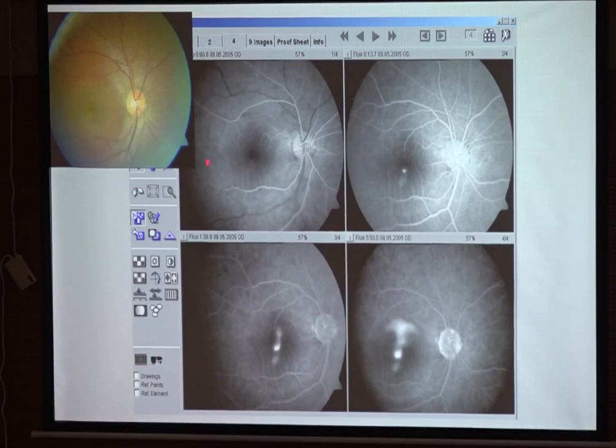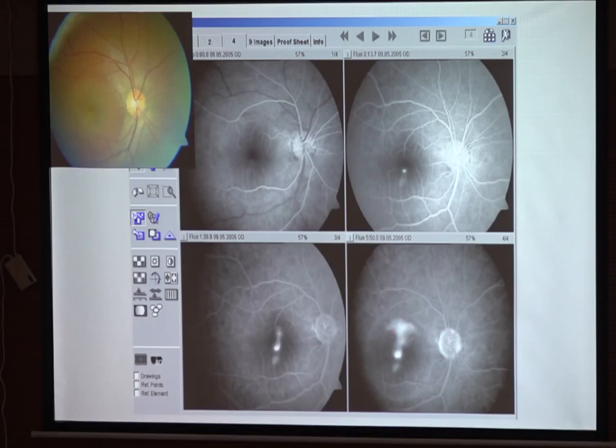Now this is early phase. You say this is the arterial phase. It is showing some small, pinpoint hyperfluorescence inferior to the fovea, and this hyperfluorescence is increasing in size as well as intensity. It's further increasing in size superiorly, and now this is known as the smokestack sign, which is very classic for central serous chorioretinopathy.